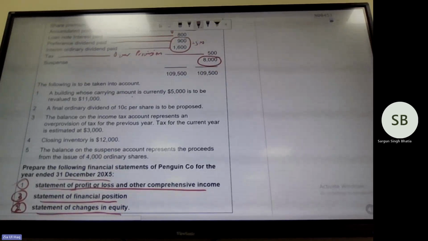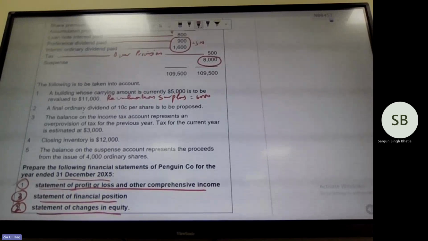A building whose carrying amount is currently 5,000 is to be revalued to 11,000. What is the revaluation surplus? 6,000, yes. That we need to record under other comprehensive income, and we need to record in statement of changes in equity, that is of 6,000.